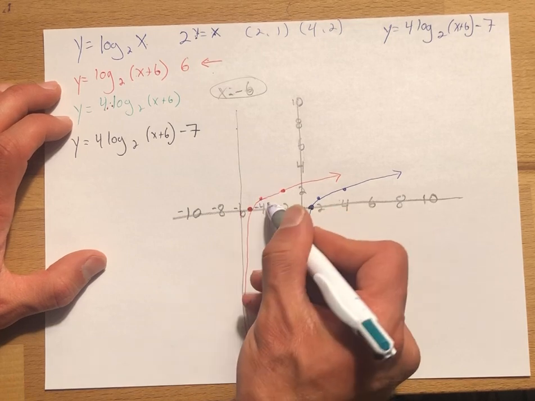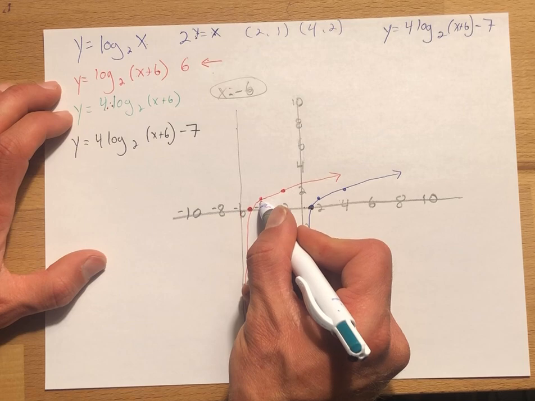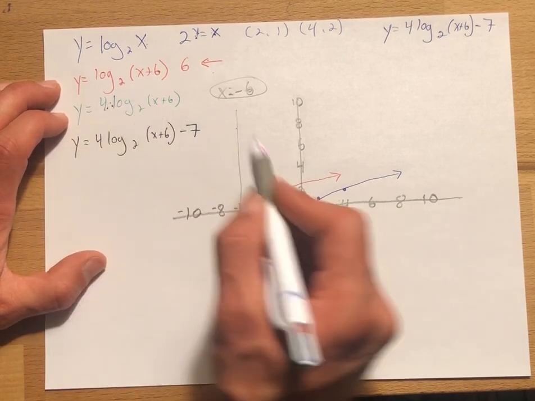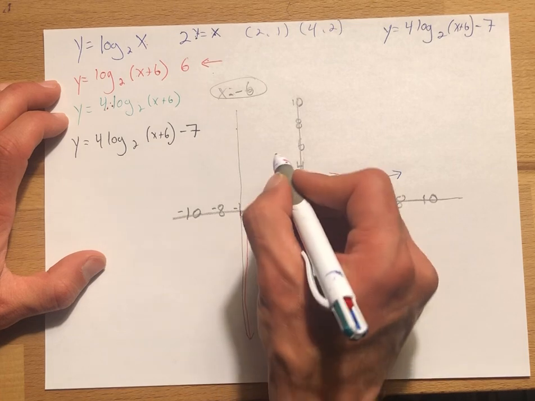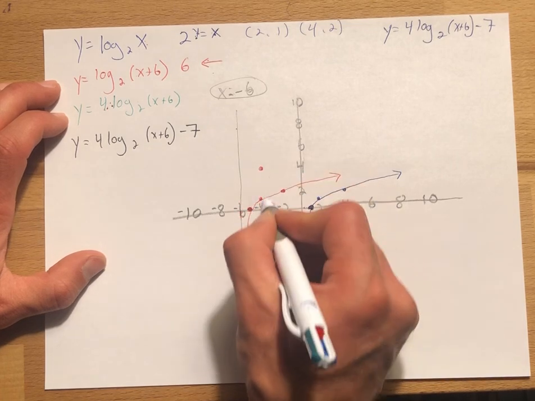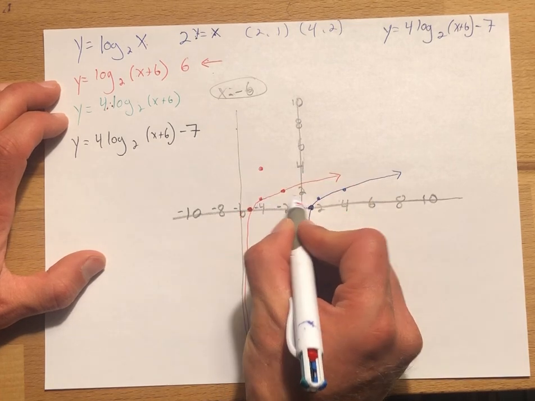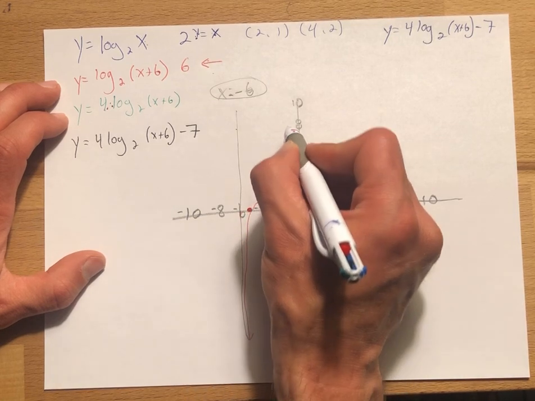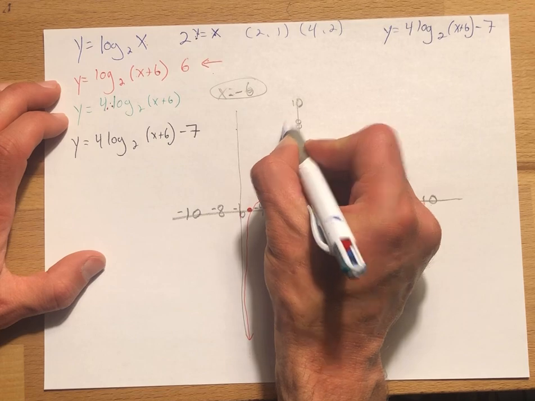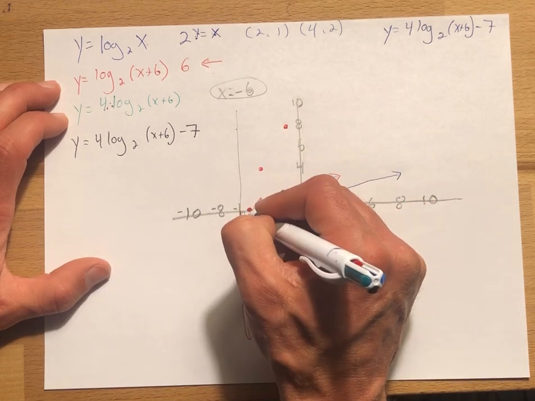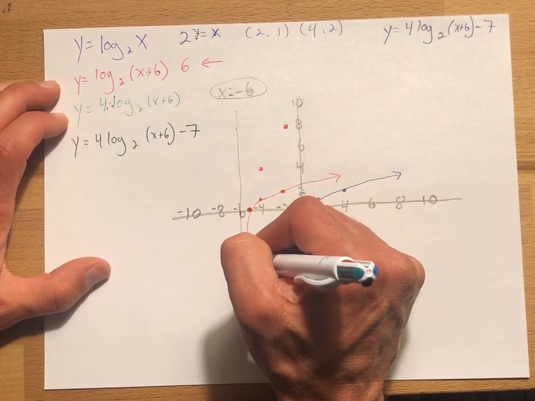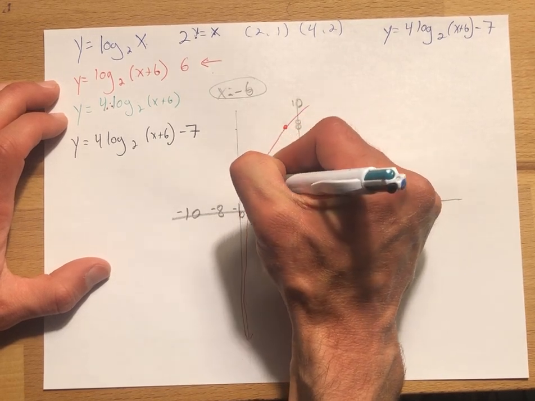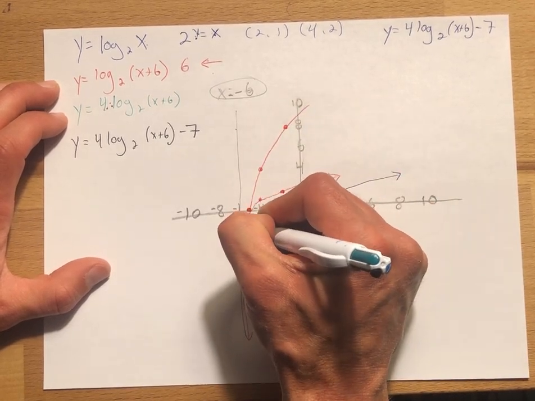This point is going to be 4 times this y value because y equals 4 times the x. So 4 times, it's going to bring it up here. This was at 1 on my y, and now I'm going to multiply it by 4. This was at 2 on my y, now I'm going to multiply by 8. And these values are going to stay. And it's going to look something like this.